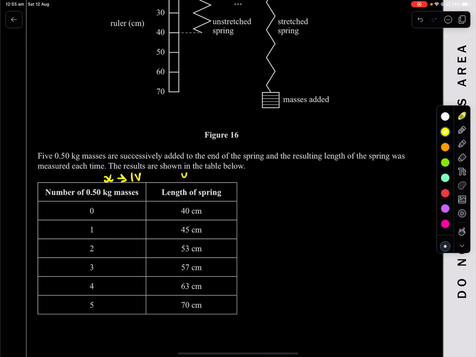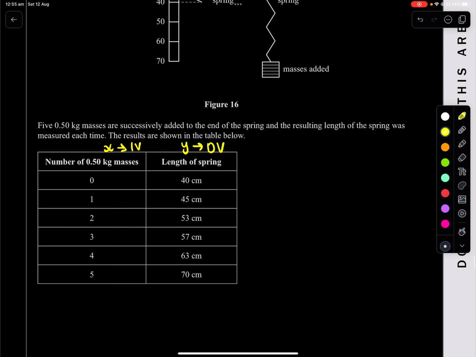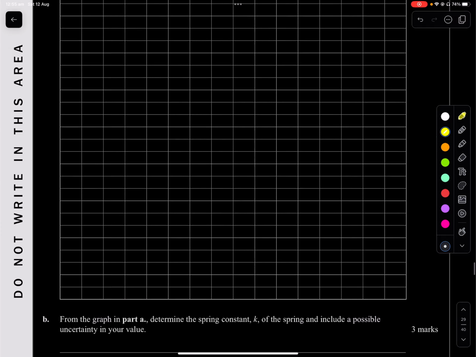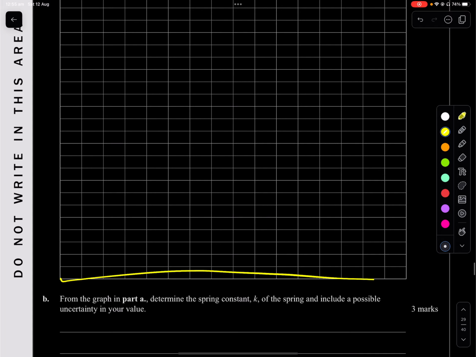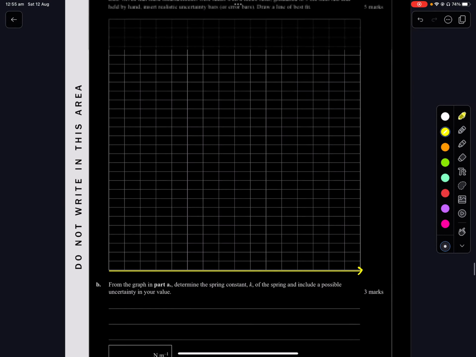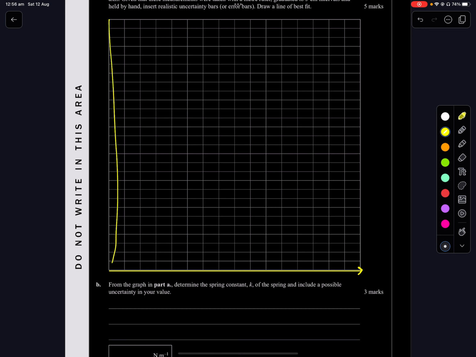Your y values, which are your dependent variables. So your masses is going to be your x-axis. So if I just draw something like that, and say this is that.